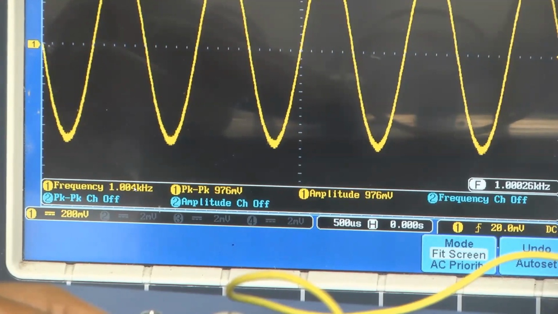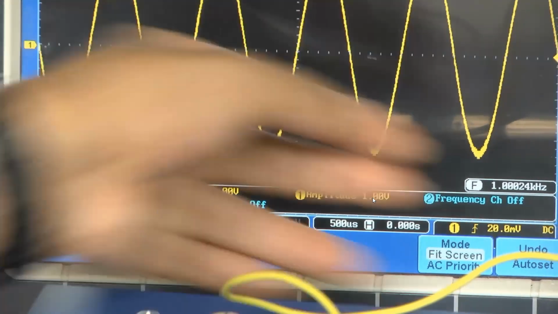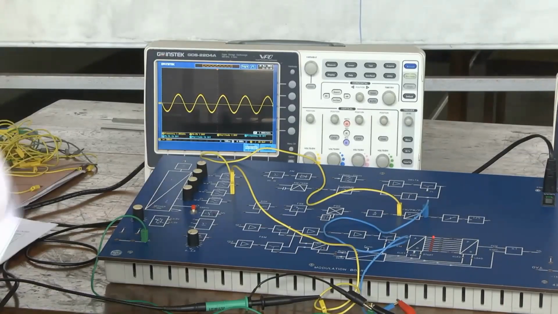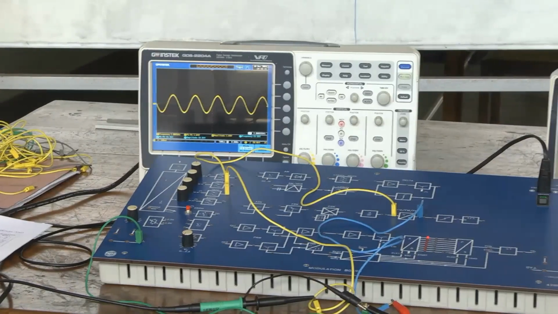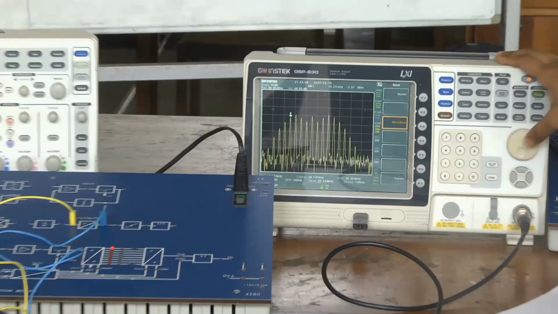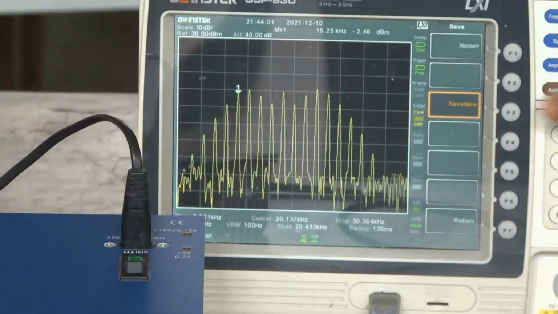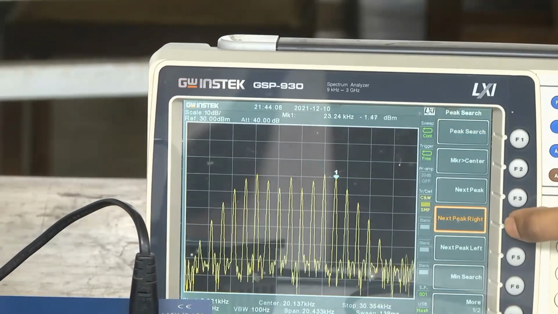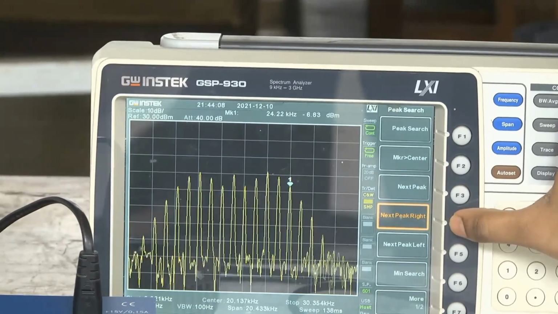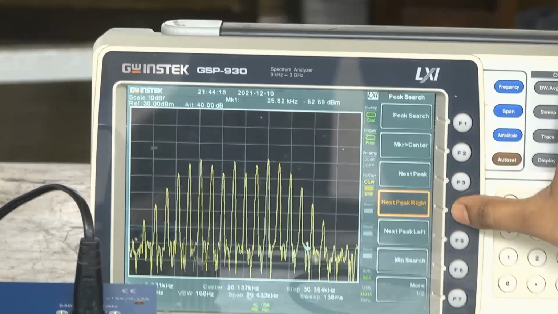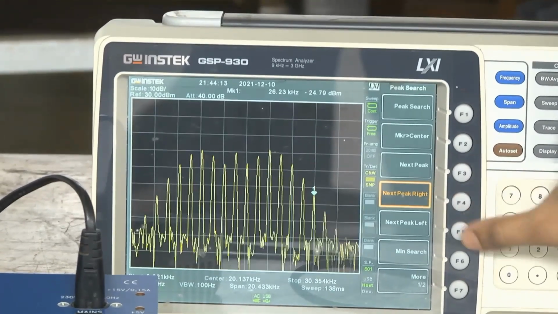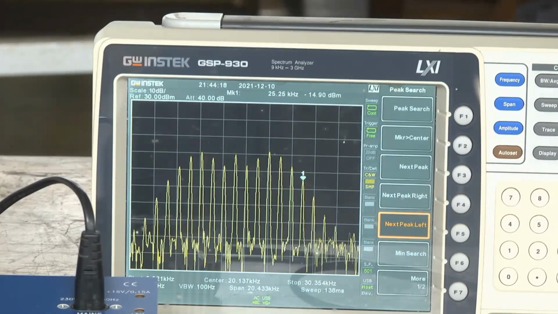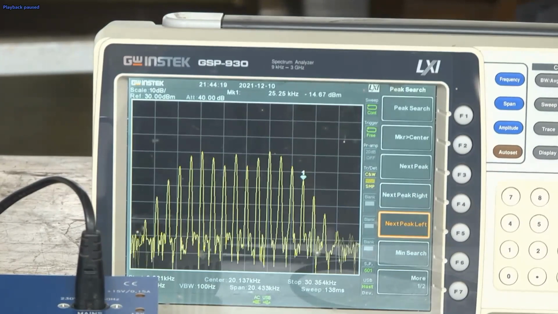You can see the frequency is 1 kilohertz and the amplitude is 1 volt. So this is the spectrum for 1 volt. You can note down the maximum frequency value.